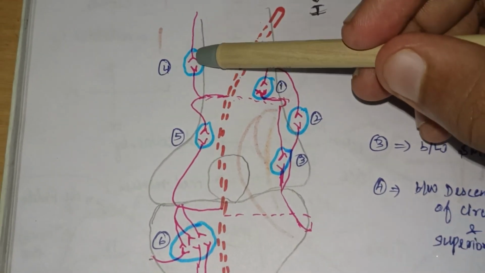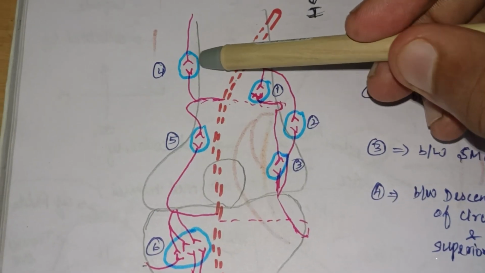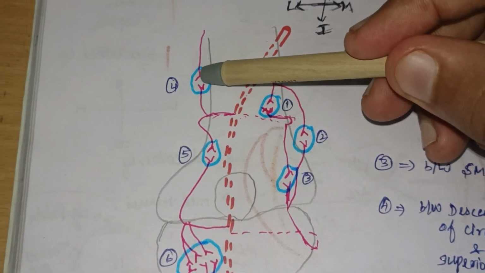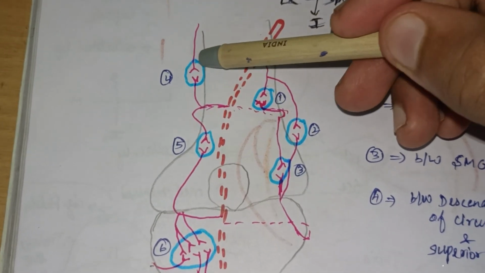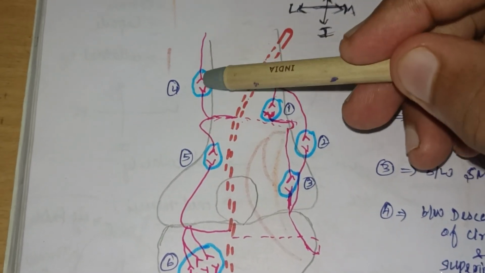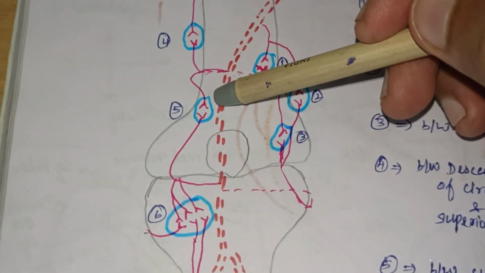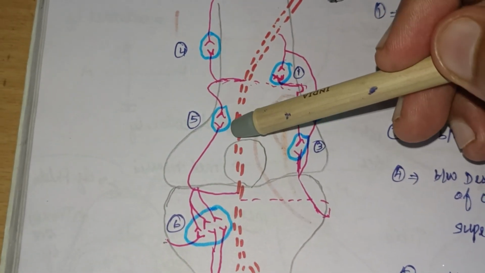So the fourth anastomosis is between the descending branch of circumflex femoral artery and the superior lateral genicular artery. Now the fifth anastomosis is between the superior lateral genicular artery and inferior lateral genicular artery.